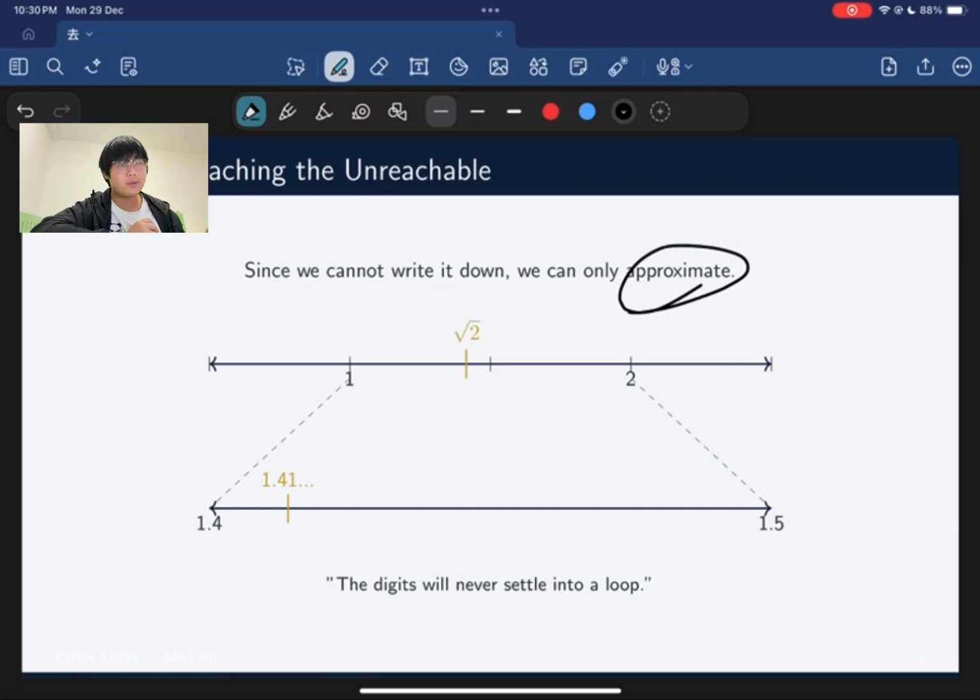Then we can narrow the interval to 1.41 and 1.42. Then we can zoom in infinitely close. Let's use the concept of limits, but the digits will never settle into a loop.